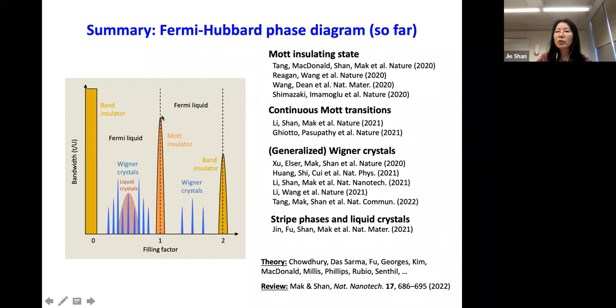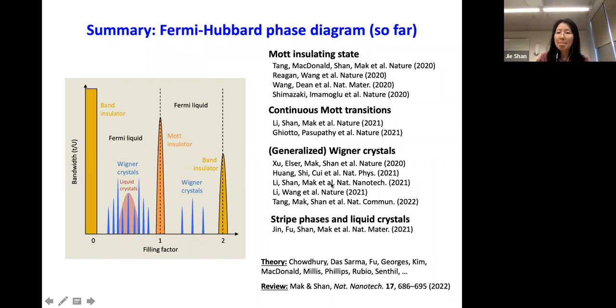When we tune the bandwidth continuously, we observed this continuous mode transition. It changes from insulator to Fermi liquid continuously. And at the fractional filling, there are those generalized Wigner crystals, and some of them also break rotation symmetry. They are stripe phases and liquid crystals.